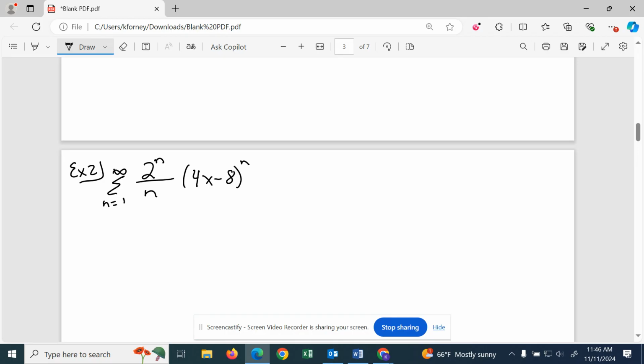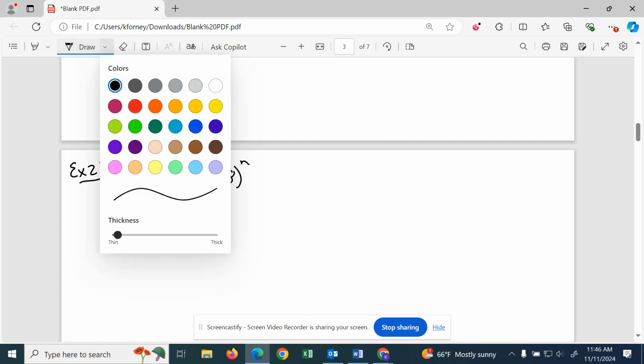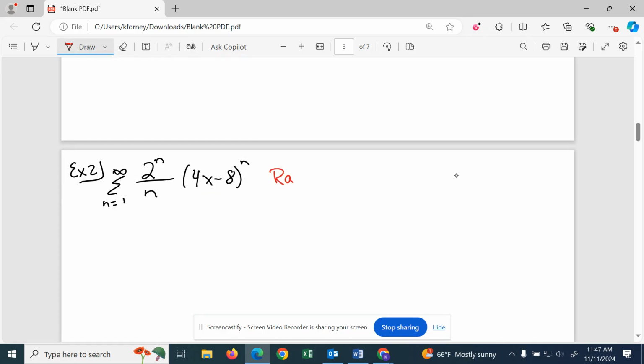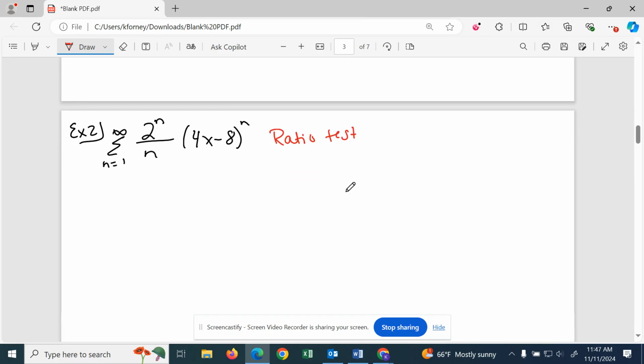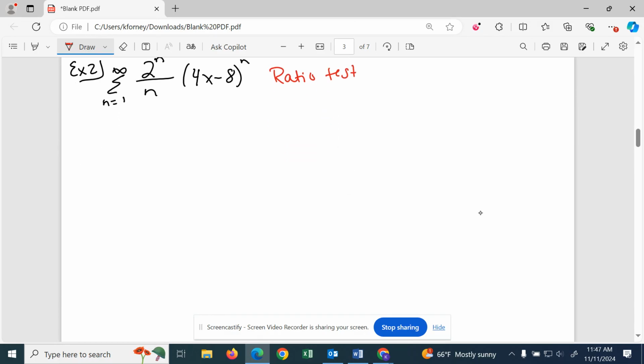All right, so let's jump right into the ratio test here. We're going to use the ratio test. I know that some of you said you thought the ratio test was one of our easier tests, so hopefully you like that.